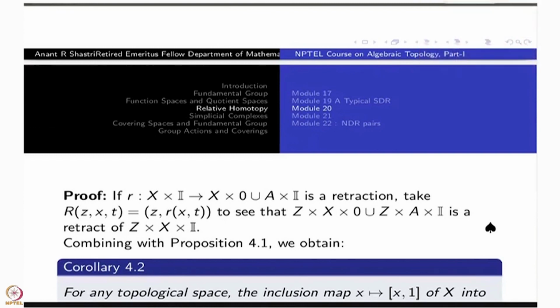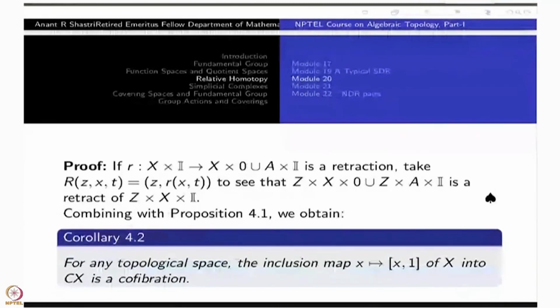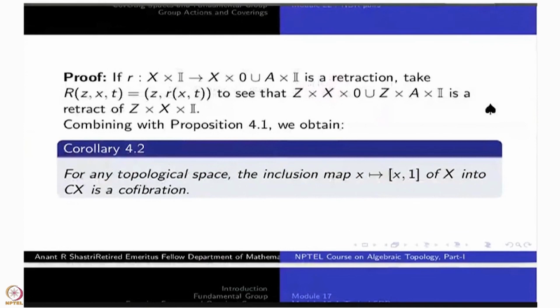The next corollary is also as easy. Take any topological space X, and the inclusion map of X into CX, as X cross 1. Remember, in the cone, X was identified with X cross 1 as a subspace.